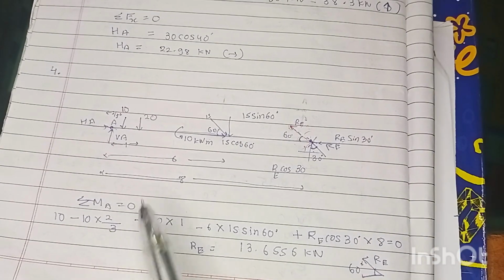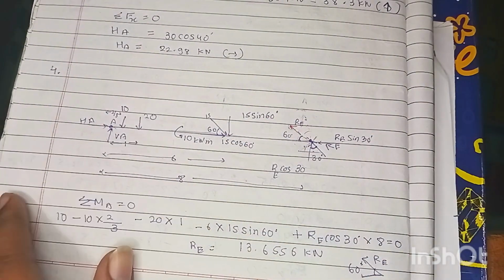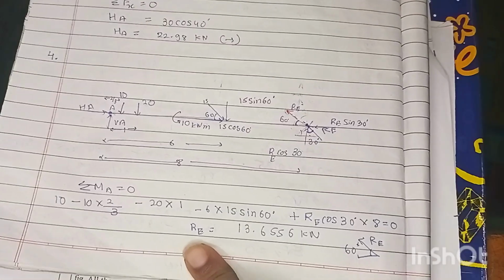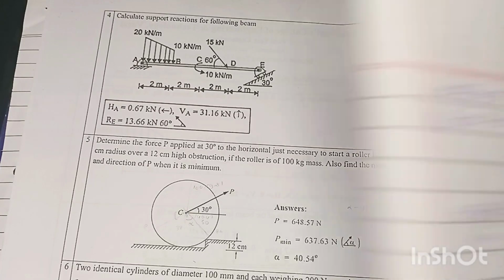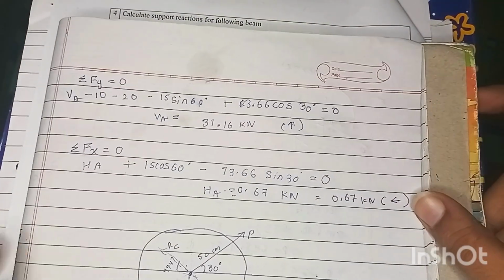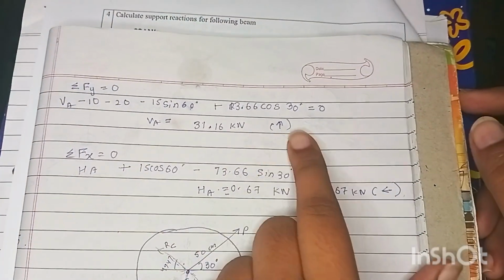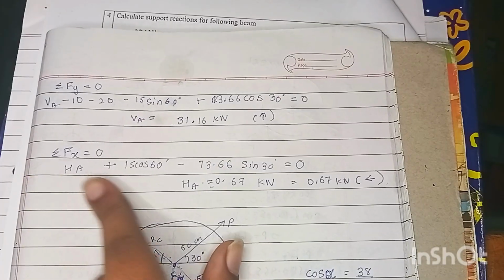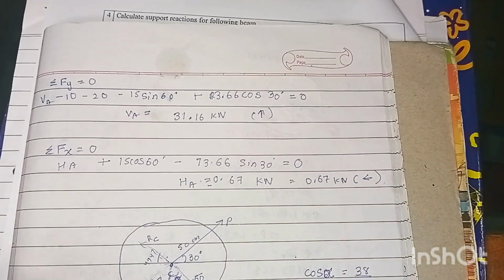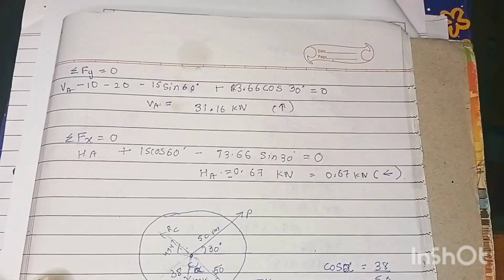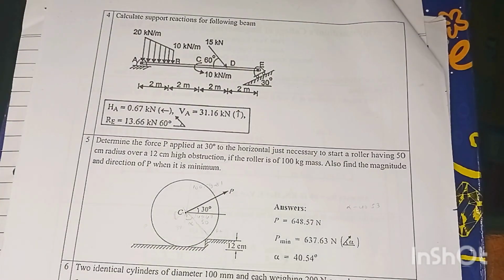Now calculate the summation of moment about a point equal to 0, and you will get the RE from here, which is at 60 degrees. I will show you over here how you can calculate. And for summation of Fy you will get Va in the upward direction. For summation of Fx you will get Ha towards the right side. Okay, now let's move to question number 5.